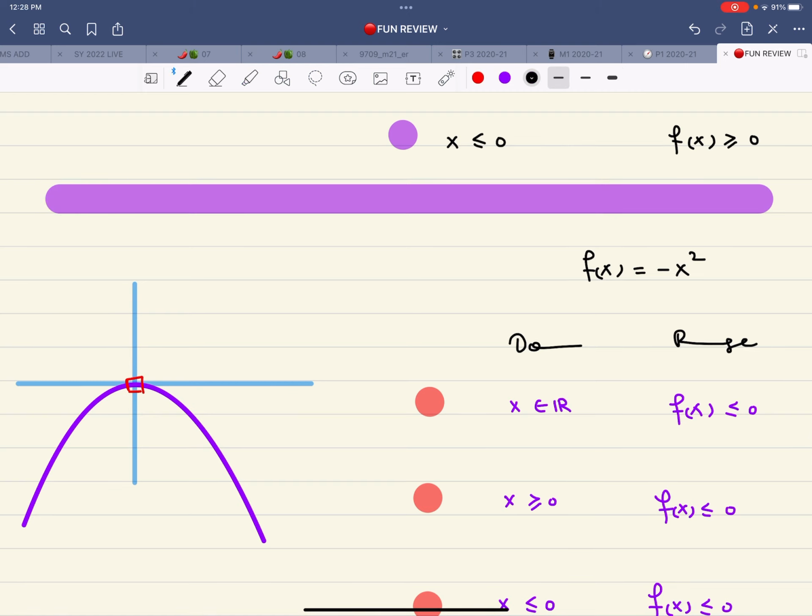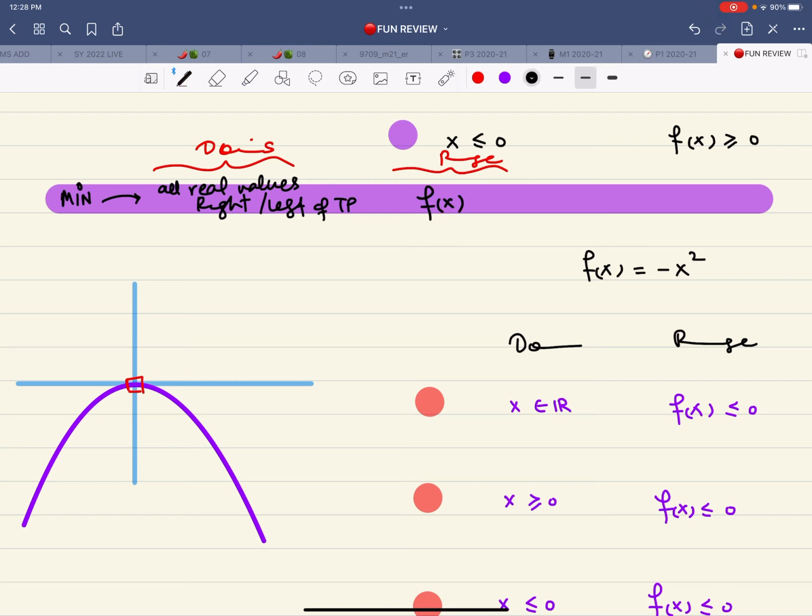whenever it's a graph of a minimum and for three domains, all real values, right or left of the turning point, these are the three possible domains. The range would be f(x) is greater than or equal to the y coordinate of the turning point.